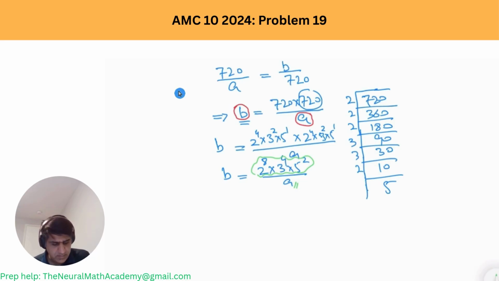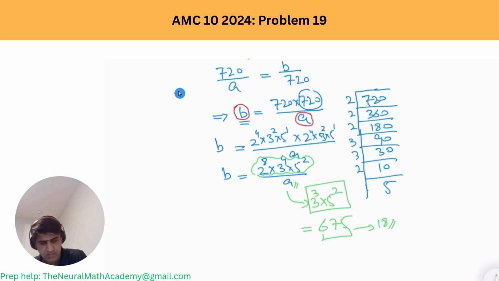So if I do some experimentation, then I would get 3 to the 3 multiplied by 5 to the 2. That would give me the largest possible value. And if I solve it, then I get 675. And by adding the digits, I then get 18. So the answer is D for this problem.